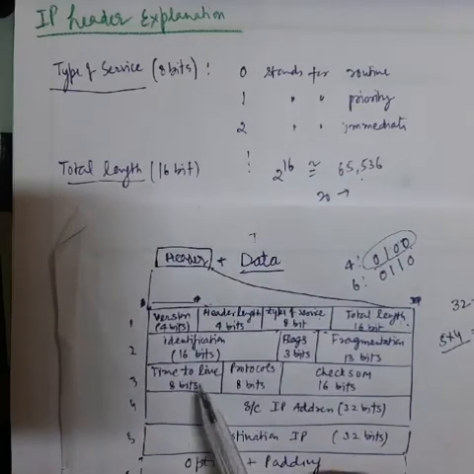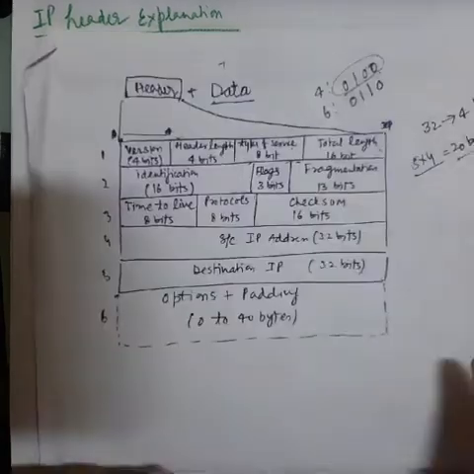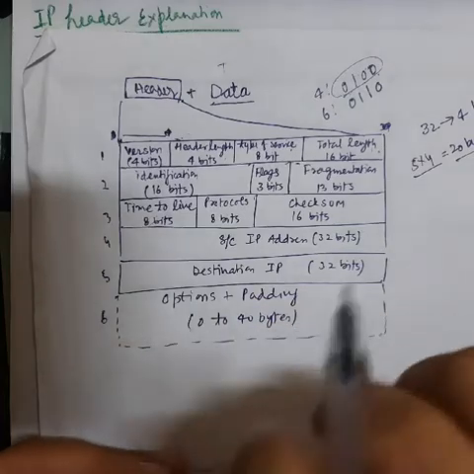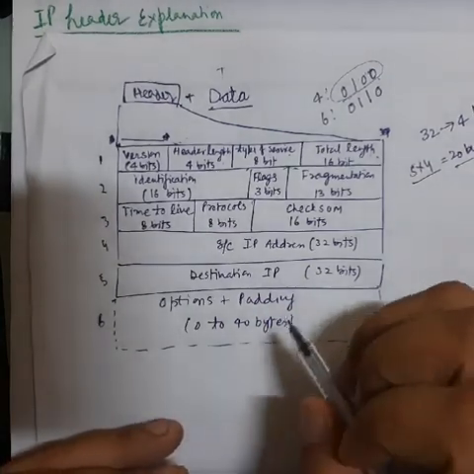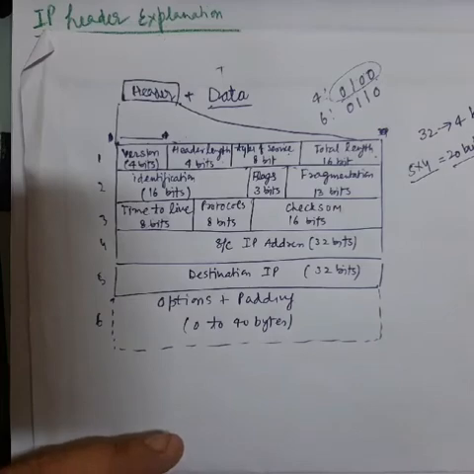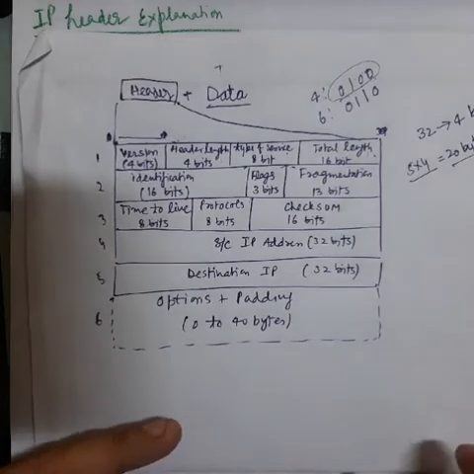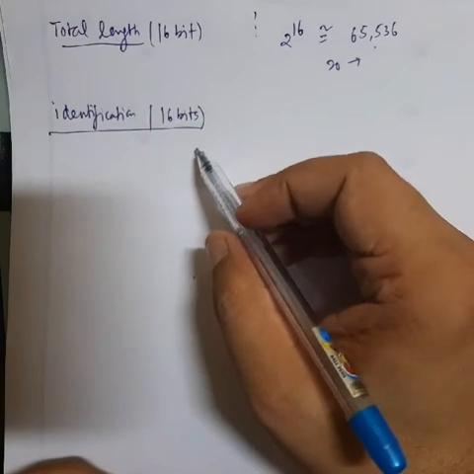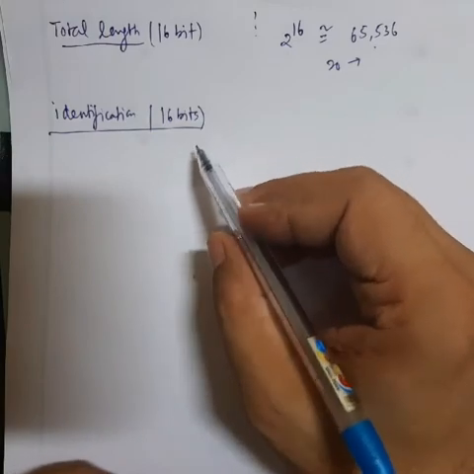Next important field is identification. In the identification field, when a packet is in delivery mode in the network, each packet must be distinguishably identified from the destination point of view. That means in the identification field, every time the source maintains a counter variable.